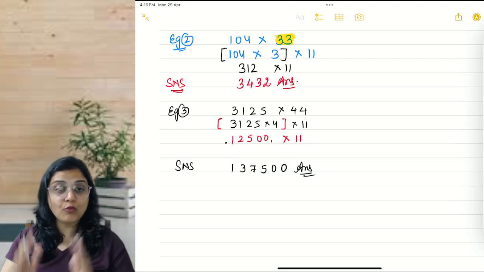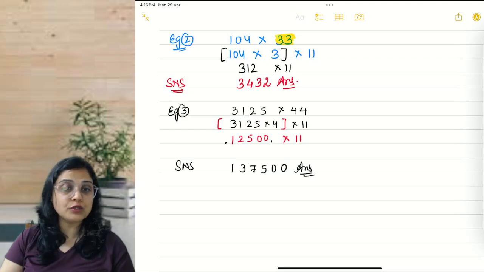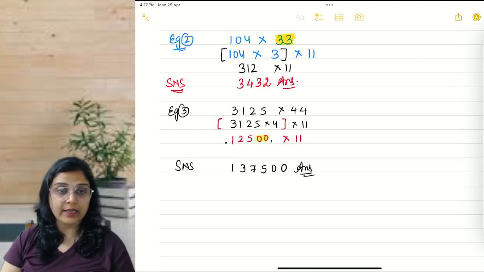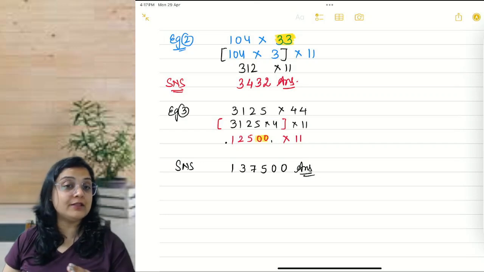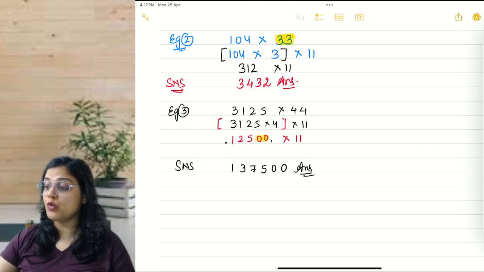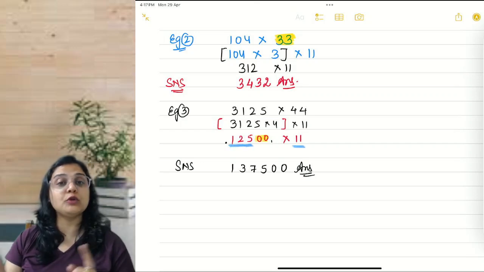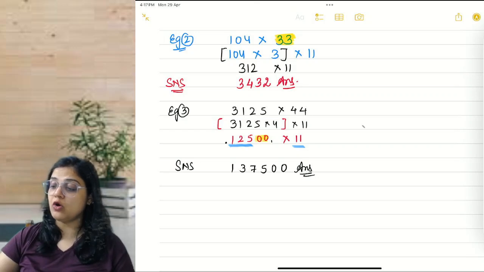At this point, in this particular question, I want you all to focus on one thing. You are getting two zeros at the end in the product, right? So instead of multiplying 12500 with 11, you can just think of multiplying these three numbers with 11 and then put two additional zeros. This is the alternate way.